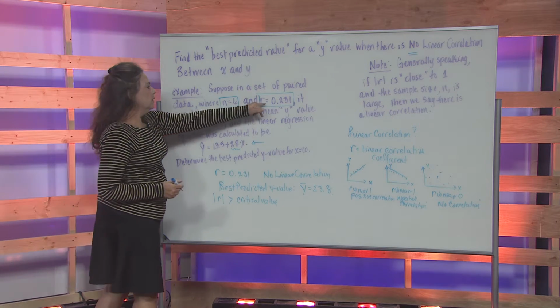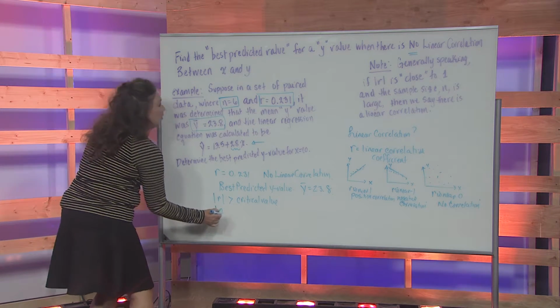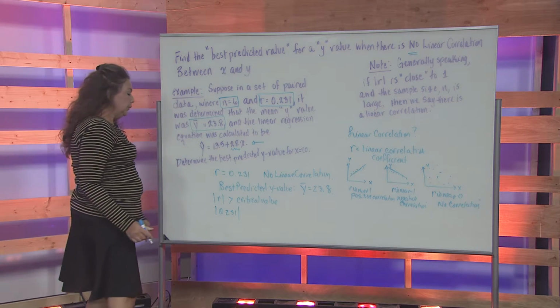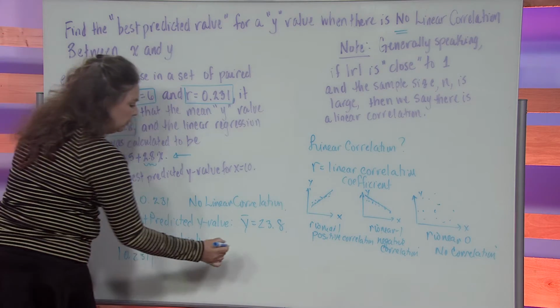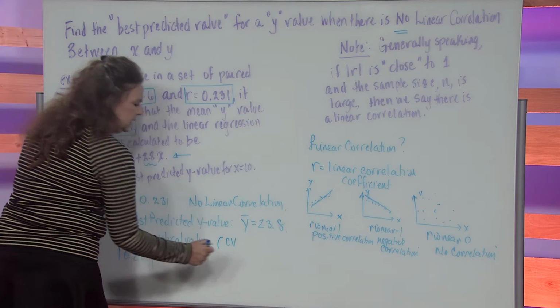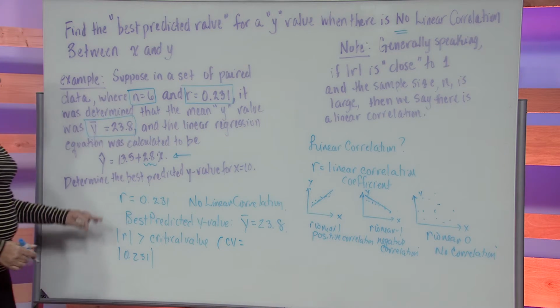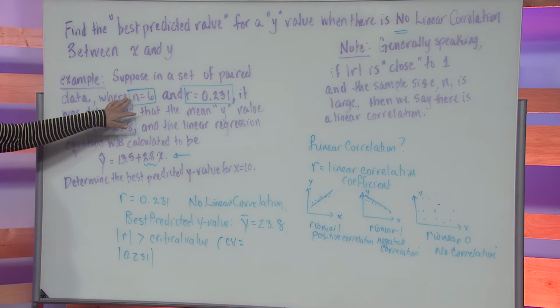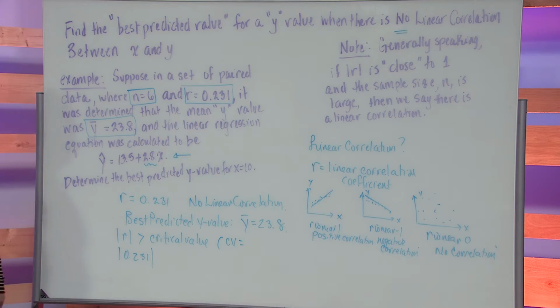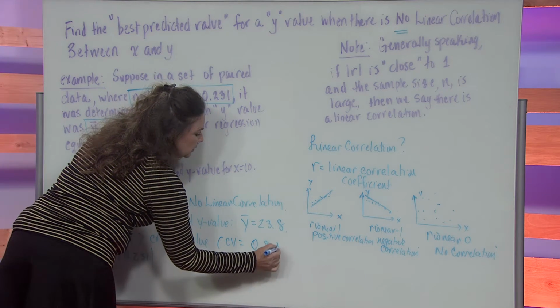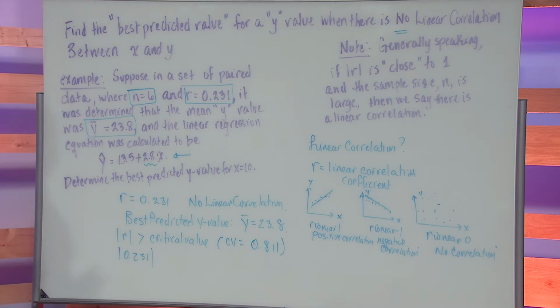So we're given the r value of 0.231, and I'll tell you from the table the critical value, and I'll denote this CV for critical value. The critical value is based on the sample size, and our sample size here is n equal to 6. The critical value in this case is 0.811.